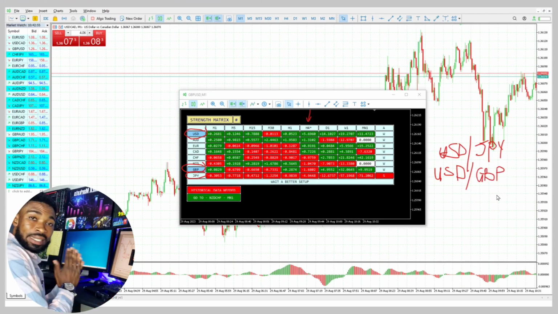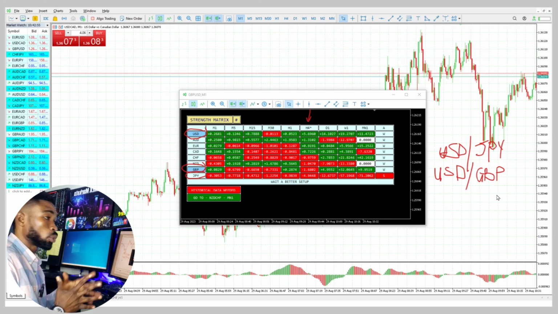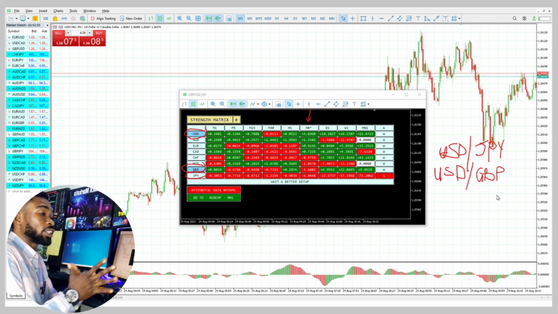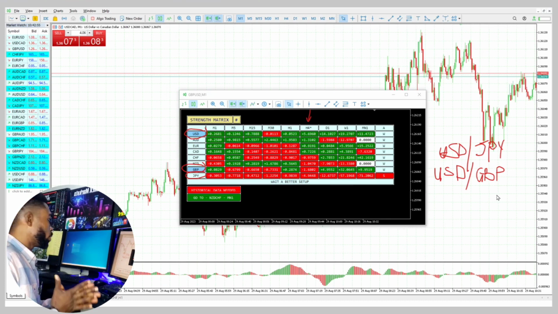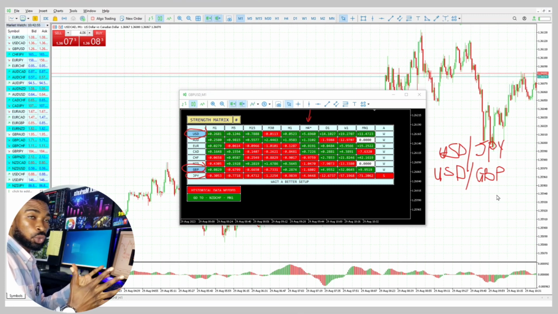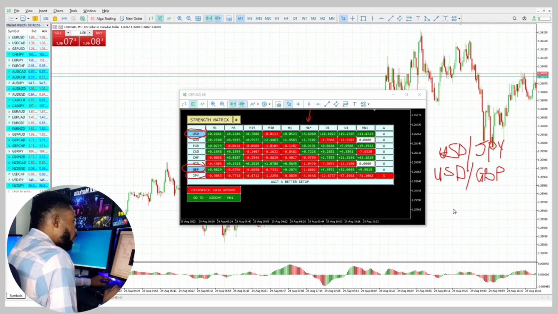Because when you're trading on this account, you have to have several setups so that if the currency pair does not give you a trade or a setup, you just look for different currency pairs so that you'll not be forcing your trades. Okay. So what else can we merge? You can see that the AUD is also strong. Can you see? The AUD is strong on H4. So we can also merge the AUD with these two guys.